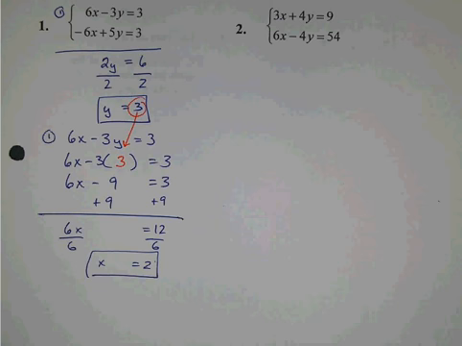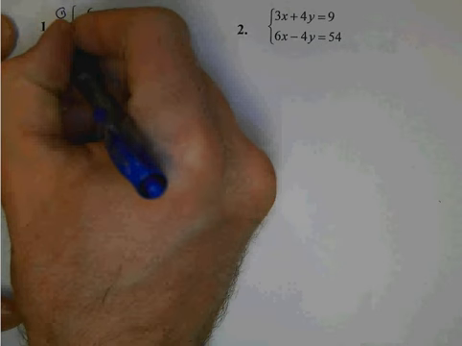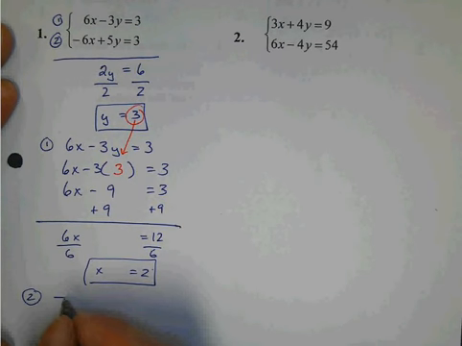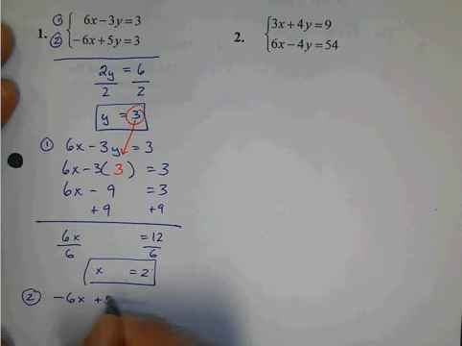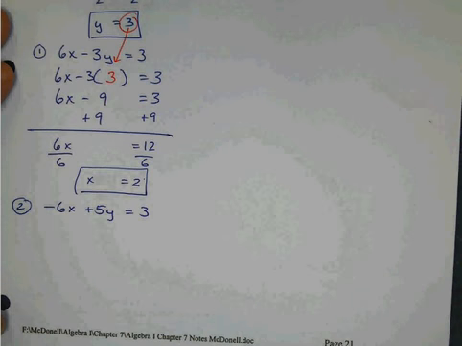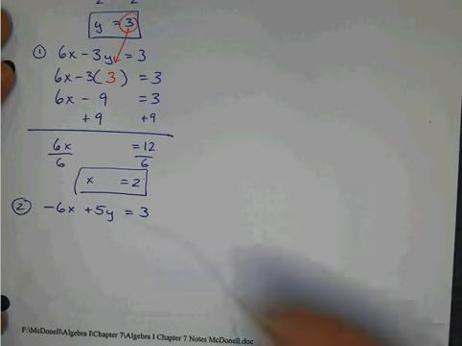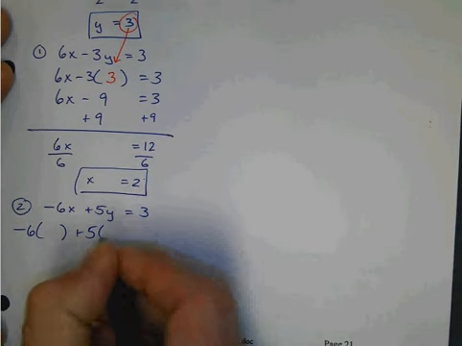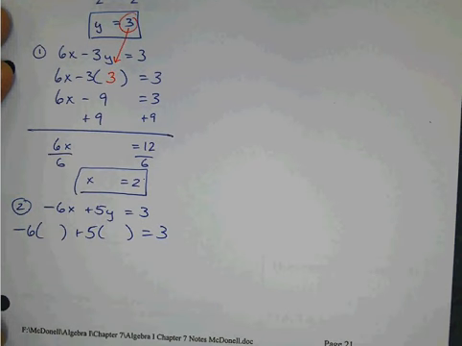What's the other equation? Our second one. So I'm going to put a little number 2 up here. I'm going to recopy the second equation. Negative 6x plus 5y equals 3. And supposedly, I should be able to plug in my values of x and y, and it should check. Let's see if it does.